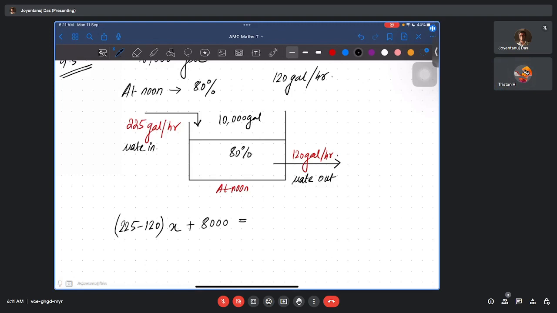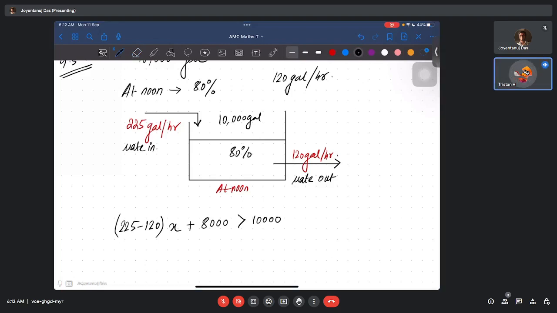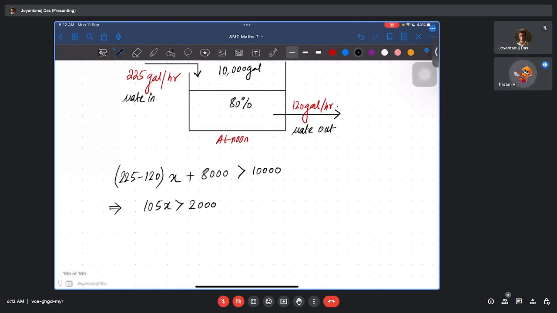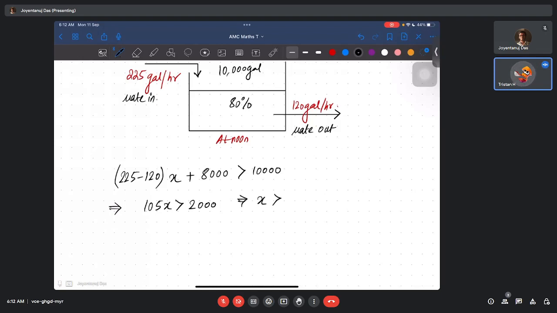It is greater than or equal to 10,000, right? And then I just simplified it down to 105x is greater than 2,000. And then I got x is greater than 19 and some decimals.